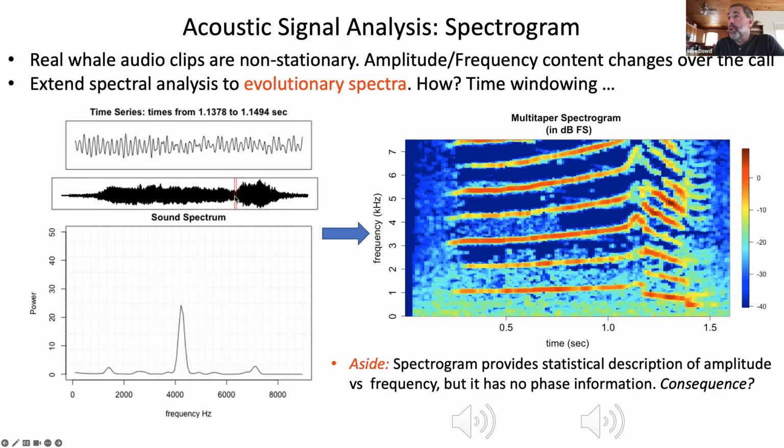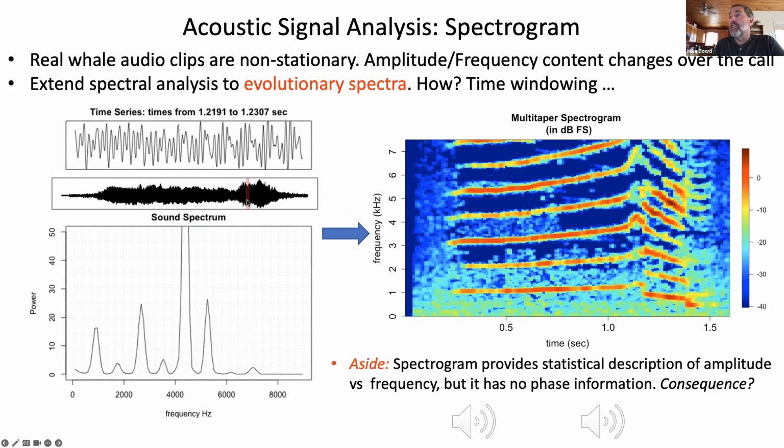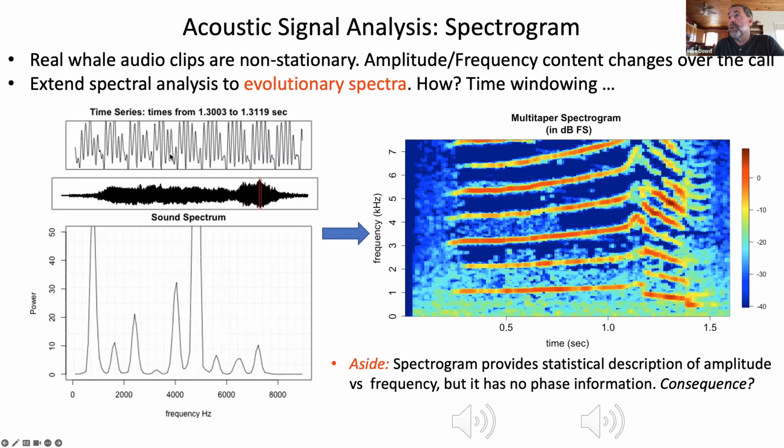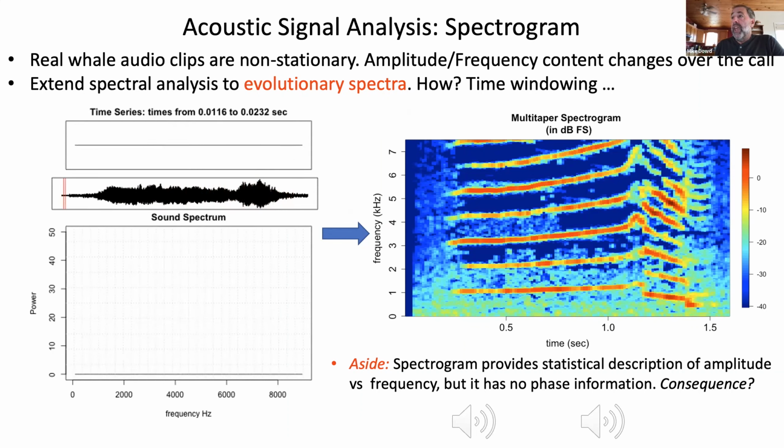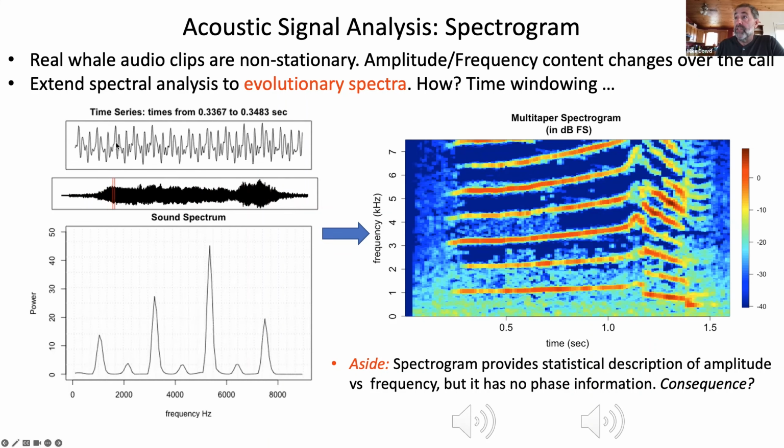What I'm doing is this little red dotted line going through it, making little time segments. The upper panel shows the time segment associated with this red window that's passing through the data. And the bottom panel shows the power spectrum of the time series clip in this time segment.